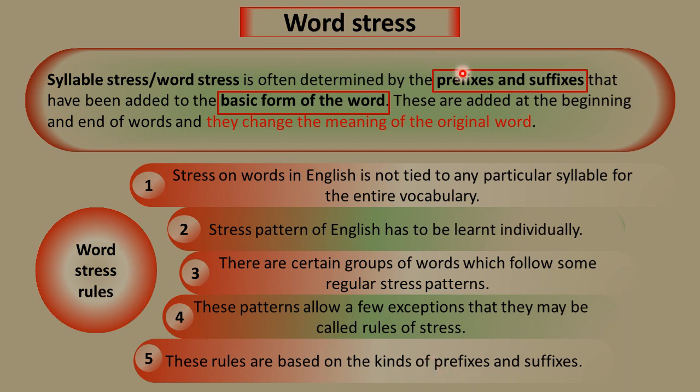So earlier we learned that the knowledge of prefixes and suffixes is very necessary for word stress. And once again, we have come across the rules of word stress based on the kinds of prefixes and suffixes. So here we have to learn one thing: the knowledge of prefixes and suffixes is very necessary.